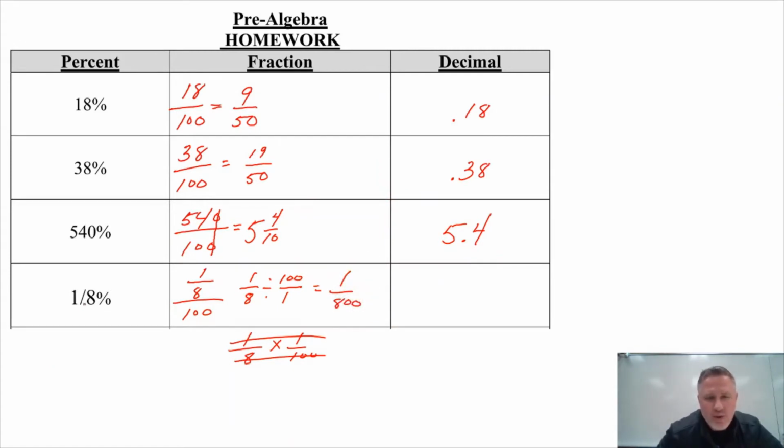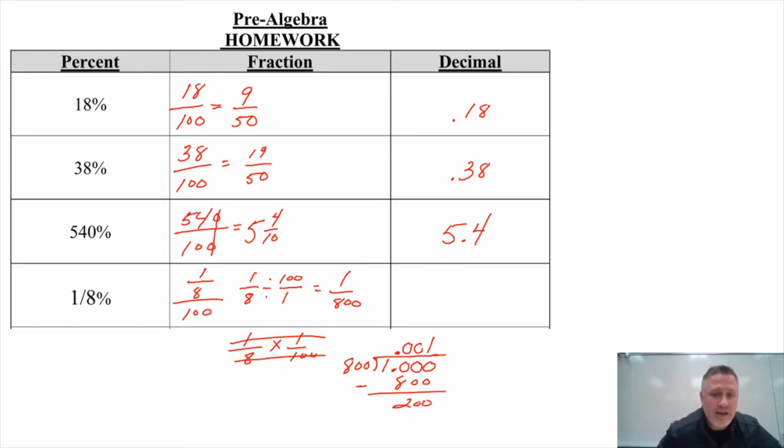Now 1/800, this is the tricky part, the decimal. Okay. Now I could divide 1 into 800. I could say 1's jumping into the pool and figure it out that way. All right. And just for the heck of it, let's do it. How many times can 800 go into 10? 0. How many times can 800 go into 100? 0. How many times can 800 go into 1,000? Once, right? With 200 left over.